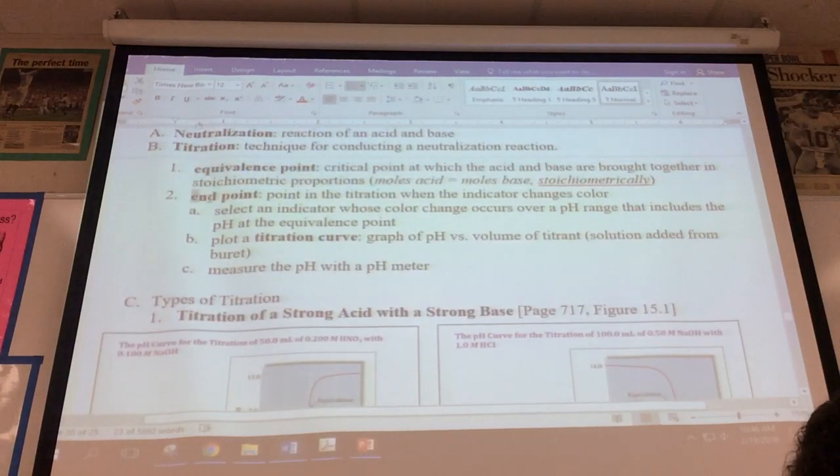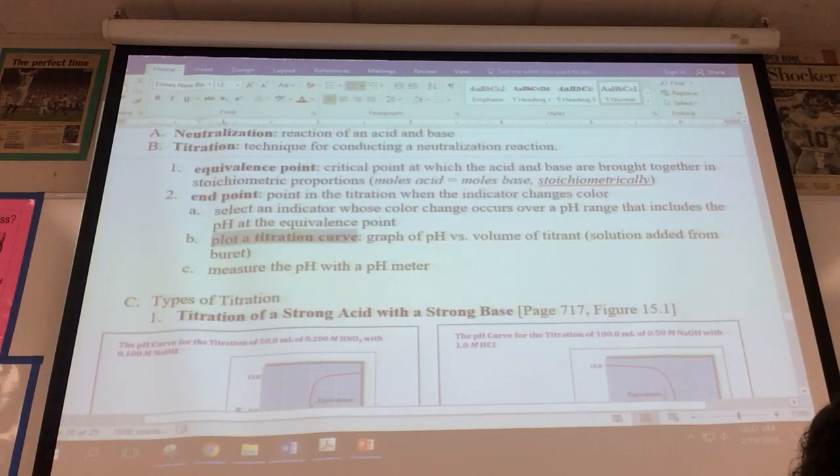The end point is when the indicator changes color, and the differentiation there is critical. The end point signifies the color change; the equivalence point signifies where millimoles of acid and base are the same.